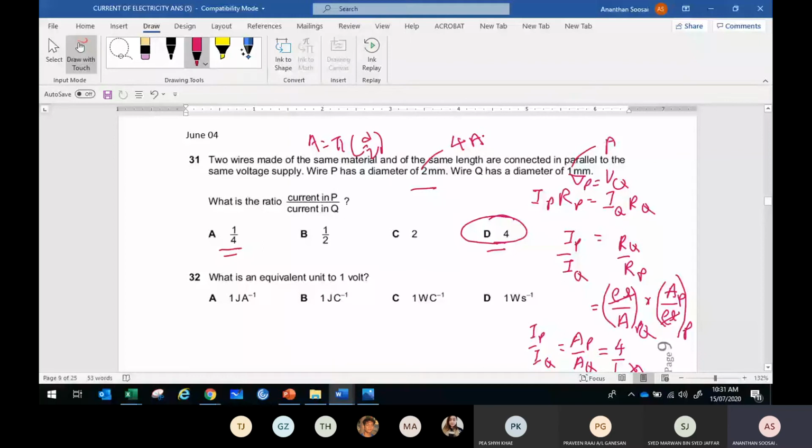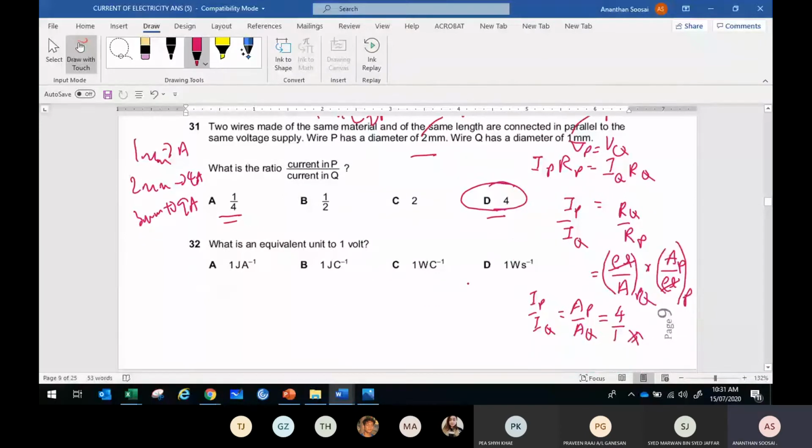Okay. 1 mm is area A, 2 mm, the area will be 4A. 3 mm, we assume like 3 squared, it's 9A, and so on. So then it should be 4. The answer should be 4. So those who got 4, good. Okay. Any question from this 31?